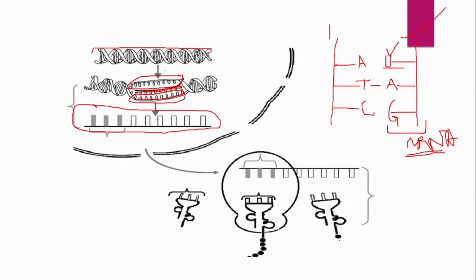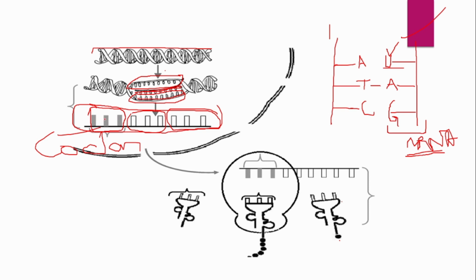Here is our messenger RNA, and this three, and this three, and this three are called codons. We divide the nitrogenous bases found in messenger RNA into triplets, and we call each triplet a codon.